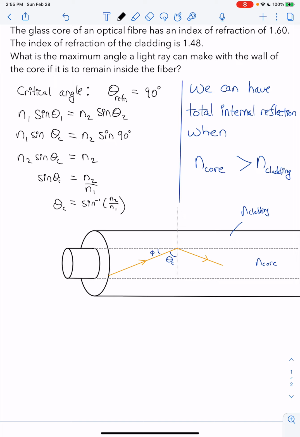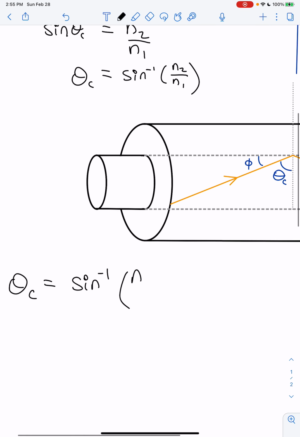Well, let's first work out what the critical angle is. The critical angle is inverse sine of n2 over n1. Well, the second material is the cladding. Zoom in here to write more clearly. n cladding over n core.